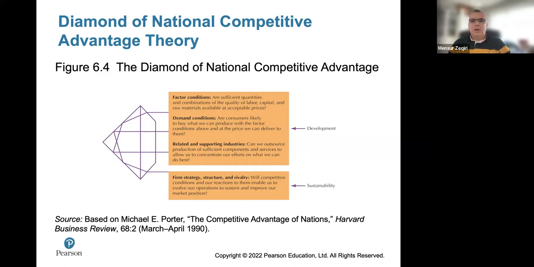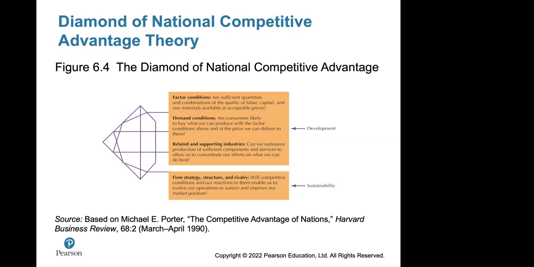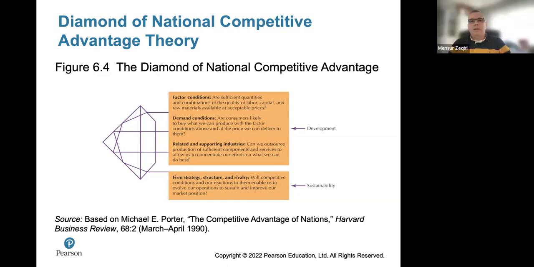Factor conditions are sufficient quantities and combinations of the quality of labor, capital, and raw material available at acceptable prices. So would you be able to produce something, having in consideration these factor conditions, under acceptable prices? Also, another important factor is the related and supporting industries.